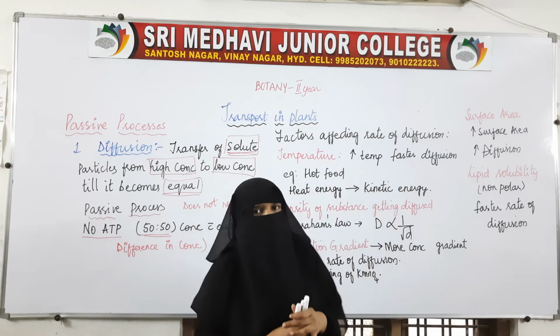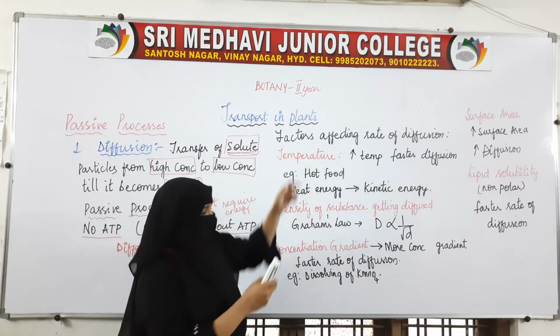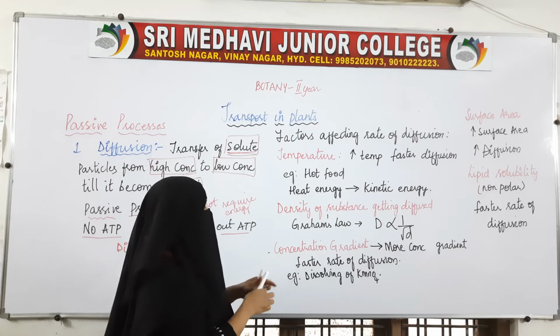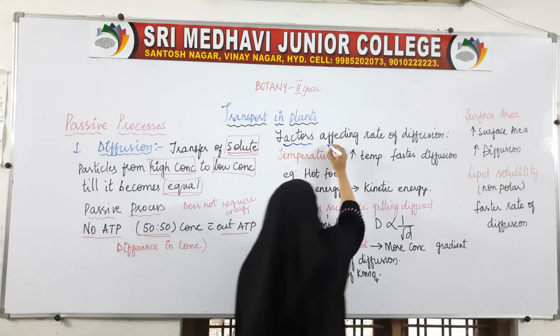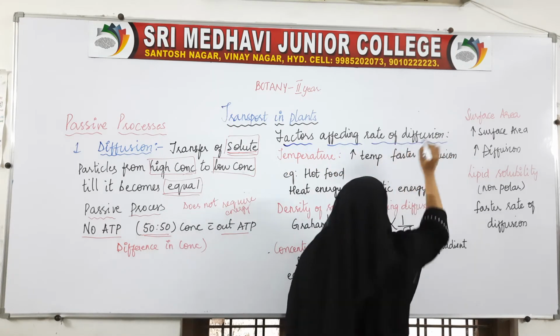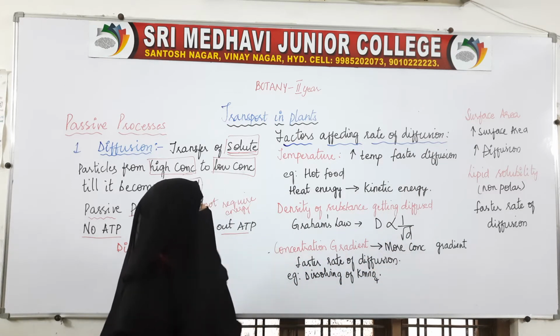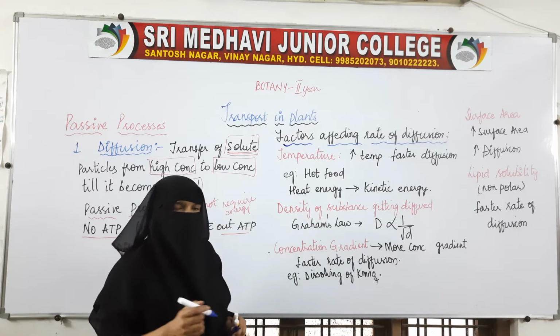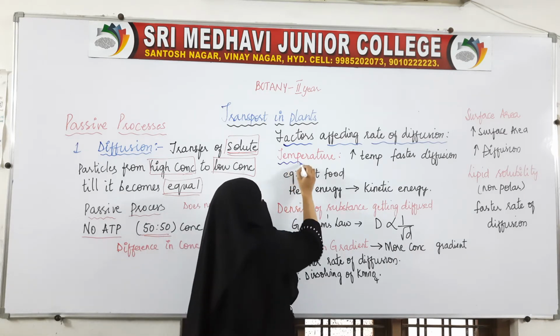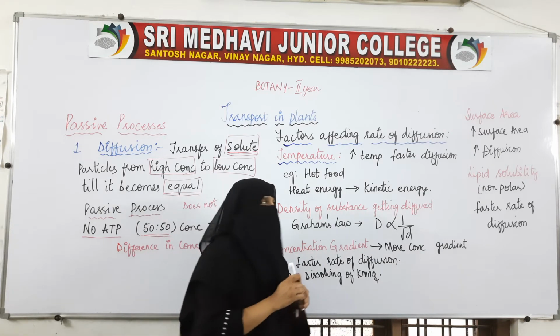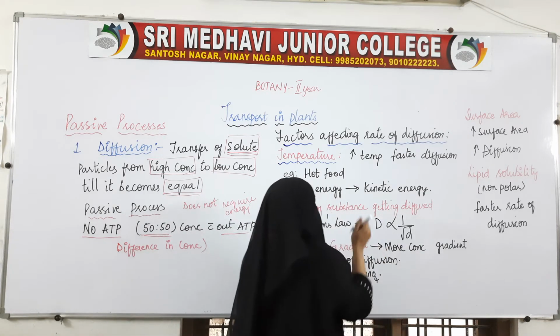Now, let us see what are the different factors which are affecting the rate of diffusion. The first factor which affects the rate of diffusion is temperature.